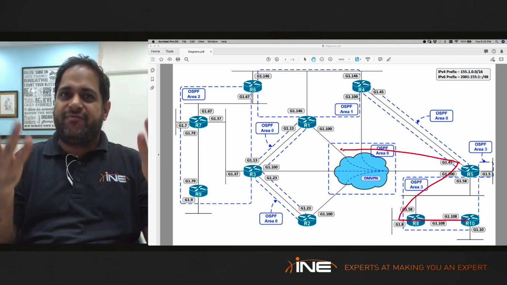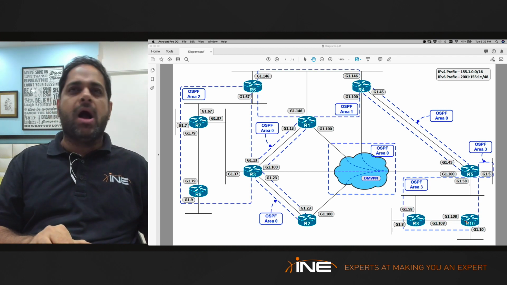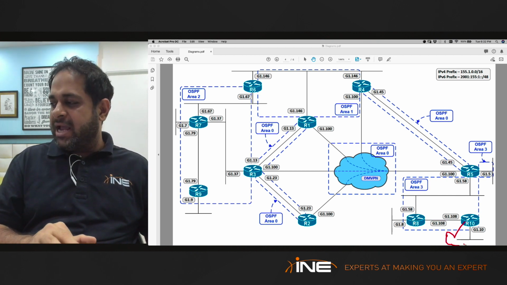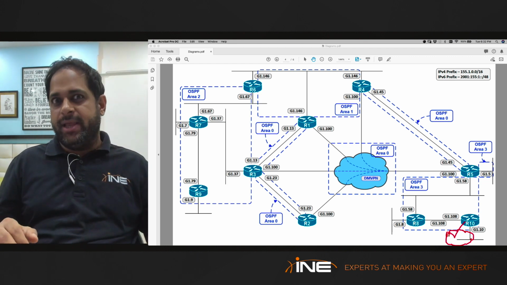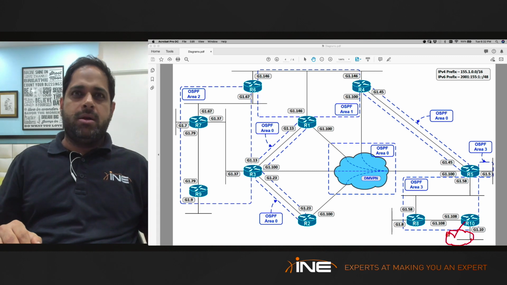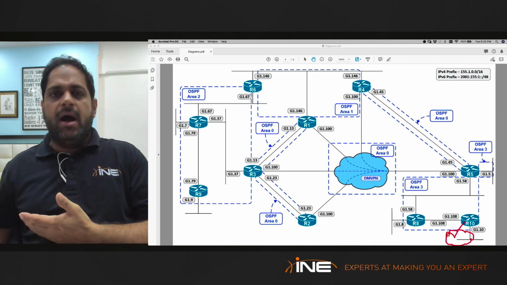It has to exit from R5. The problem with stubby and totally stub is, what if R10 had a connection to an ISP through the internet? So maybe he had another ISP connected there and wanted to go out to the internet directly. Maybe there's an ASBR present.